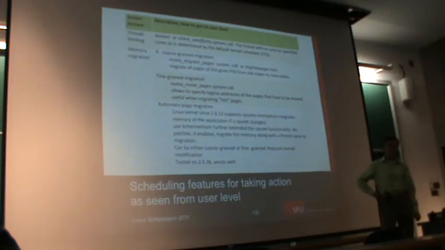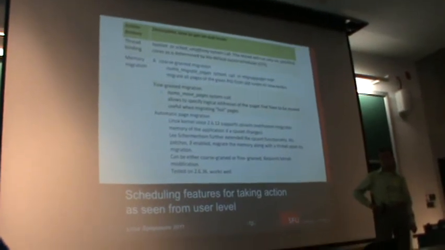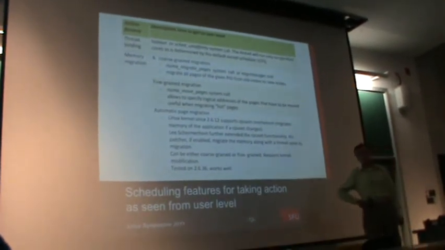The question is, is this done as something generic like kswapd or bdflush? Is it done all the time, or does the process do it itself when it starts to work?